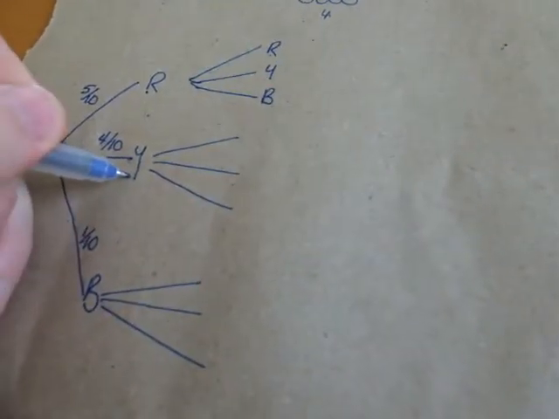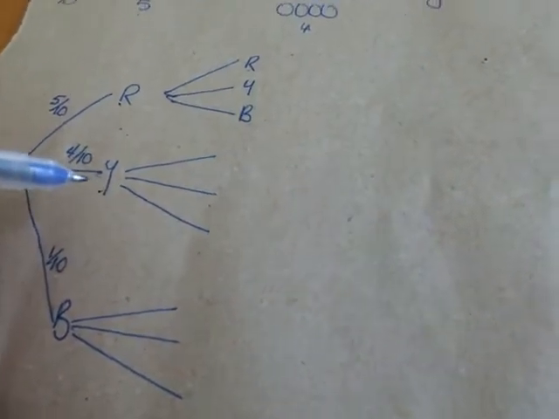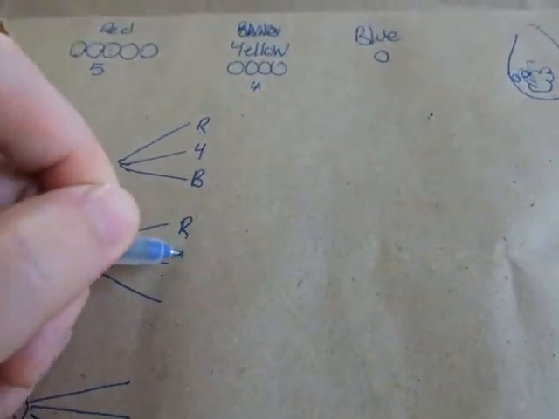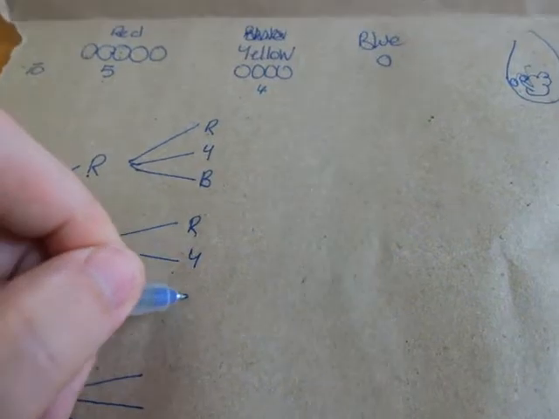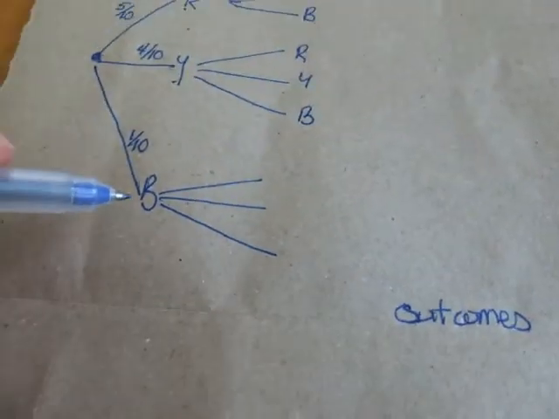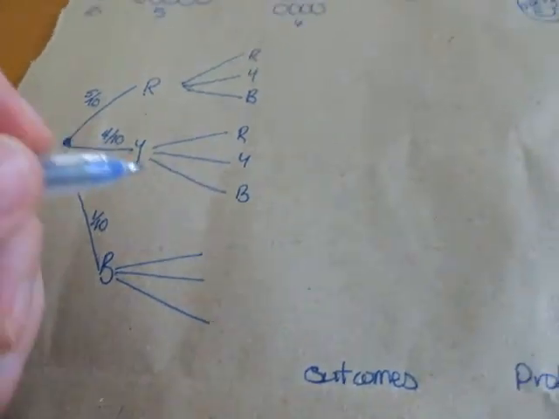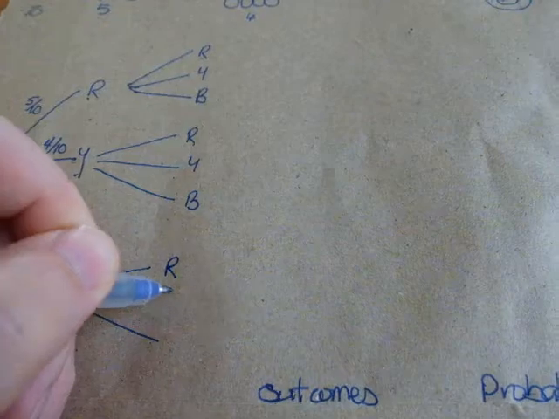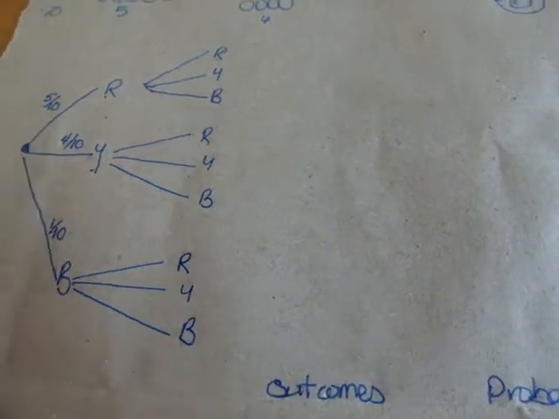If I pulled out a yellow the first time, put it back in the bag, the next time again it could be a red, a yellow, or a blue. Or if I pulled that one blue out the first time and put it back in the bag, the next time I could get a red, a yellow, or a blue.